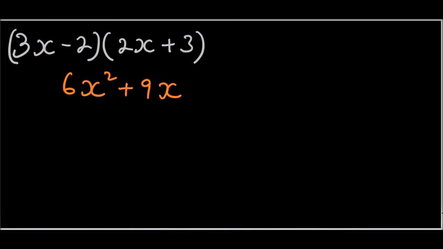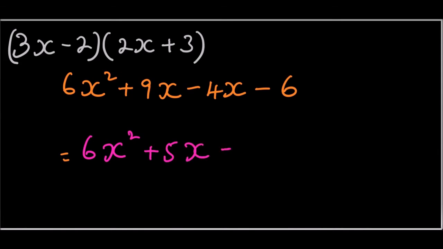Then minus 2 multiplied by 2x gives us minus 4x. Then minus 2 multiplied by 3 gives us minus 6. Our next step is 6x squared, then 9x minus 4x is the same as plus 5x, and finally minus 6.